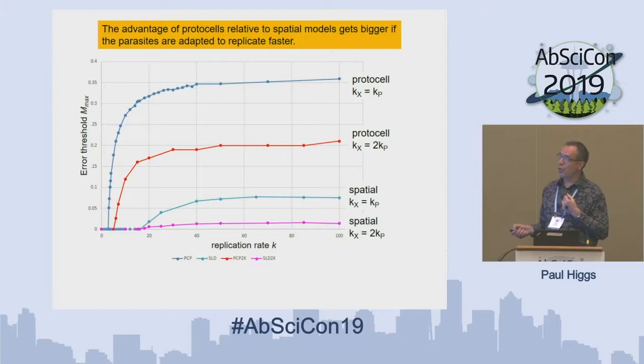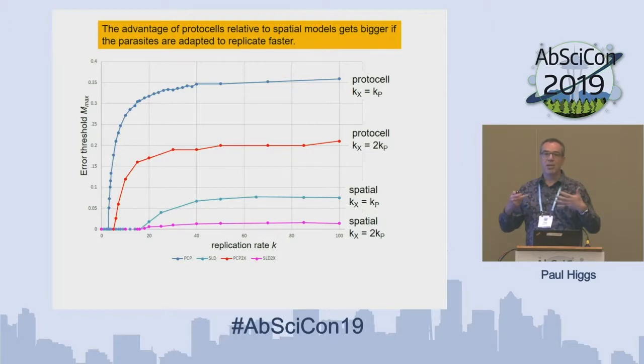So the blue curves are my old protocell and spatial case, where the replication rate of the parasite is the same as the polymerase, okay? And now I have a new version, the red and the pink, where the replication rate of the parasite is twice as much as the replication rate of the polymerase. And so the answer is both the protocell and spatial models still survive even when you have adapted parasites.